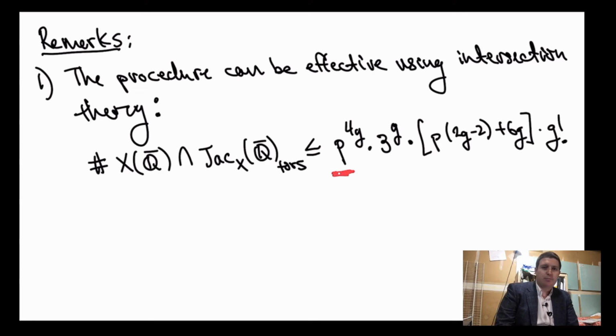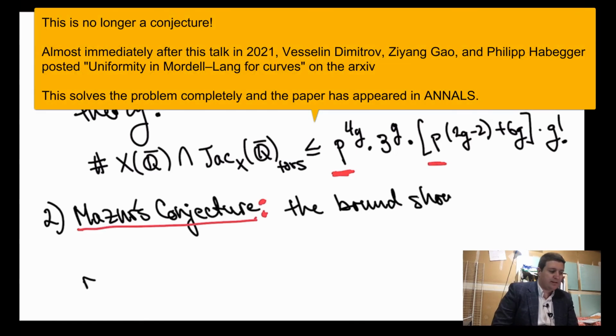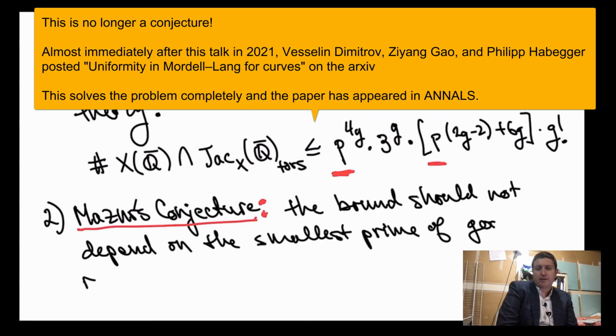There's an interesting open problem here that has to do with these P's that I'm underlining here. A conjecture of Mazur is that there should be a bound that's independent of P. We don't know if that's true, but the problem here is that you need to somehow deal with singularities, right?